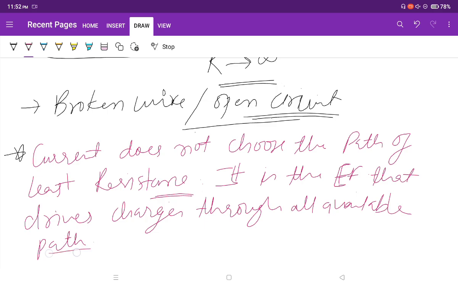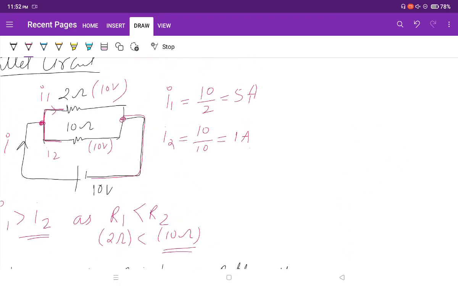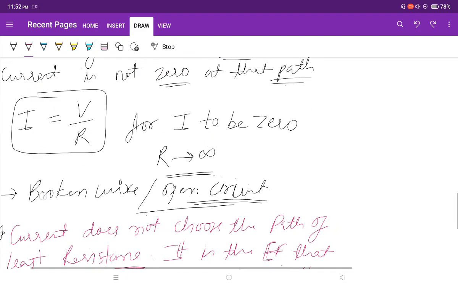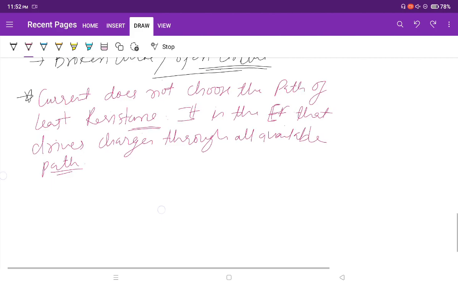We have seen that current does go through the resistance of 10 ohms. It also goes through the resistance of 2 ohms. Not all the current goes through the 2 ohm resistance. Some part of the current still goes through the 10 ohm resistance. So it does not choose the path of least resistance. It goes through all available paths.